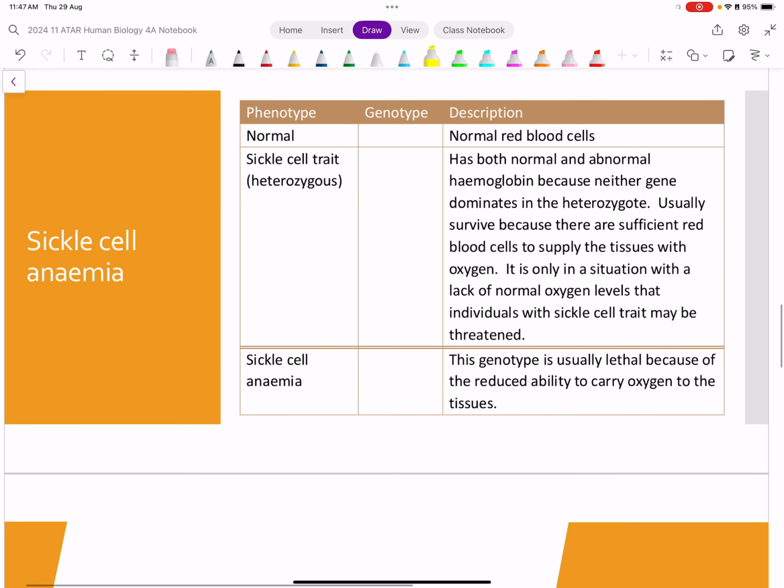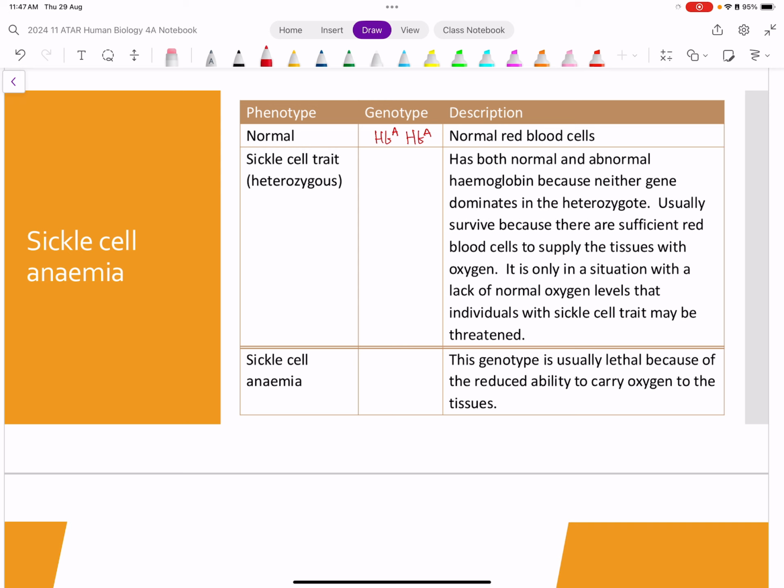So when we look at the particular genotypes of individuals, an individual who has normal red blood cells, we can represent as HbA for the first allele, and for their second allele, HbA once more. So this is a homozygous dominant for normal red blood cells.